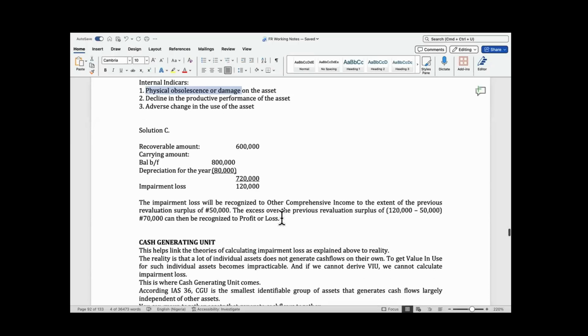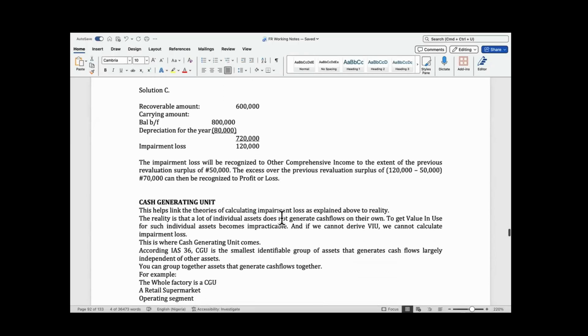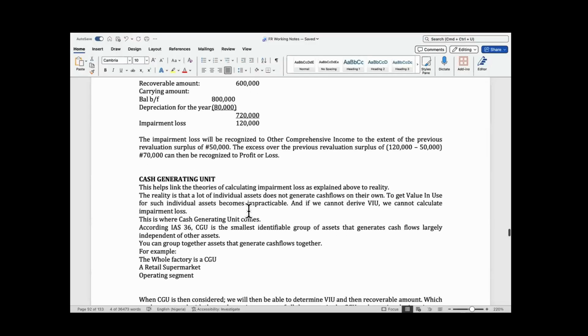Then we identified a gap in reality: you want to ensure that your asset is not above its recoverable amount, but there are a lot of assets whose recoverable amount cannot be determined, specifically value in use.